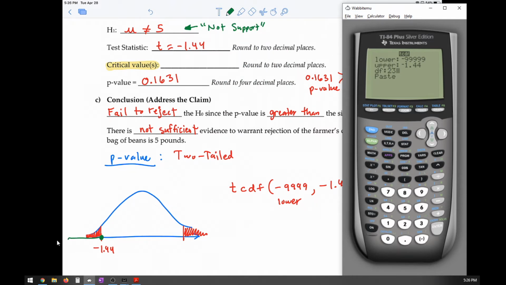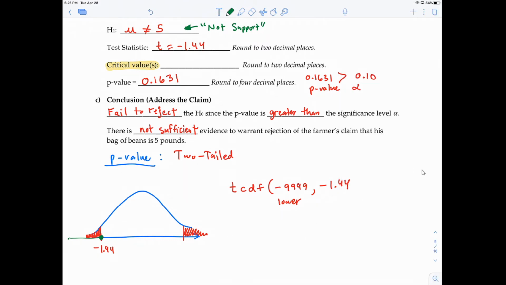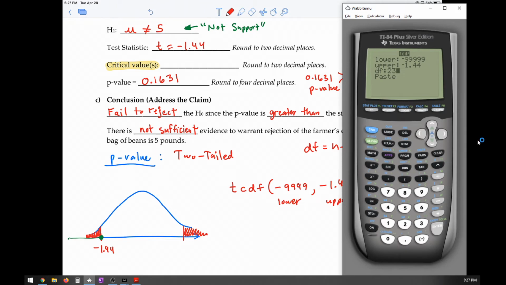The next value is our degrees of freedom, df equals n minus 1, which is 24 minus 1, so 23. Let's evaluate, paste, and that's how we get the p-value. Not quite, right? Why is this not the p-value?